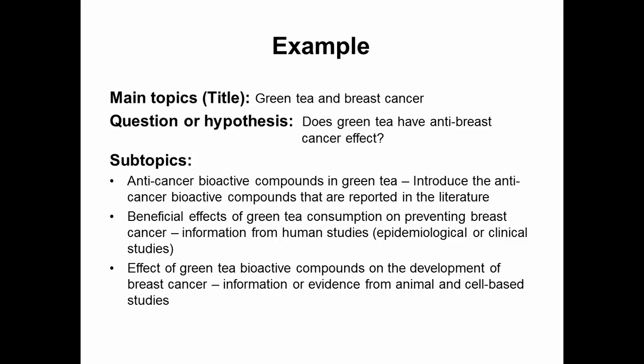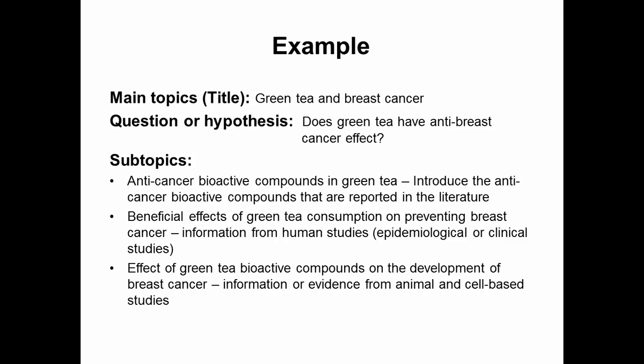Okay, so I'll just try to give you an example, right? For example, you're interested in the topic green tea and breast cancer. So you're interested in the question or hypothesis: does green tea have anti-breast cancer effects?